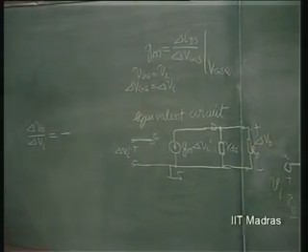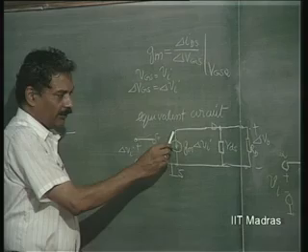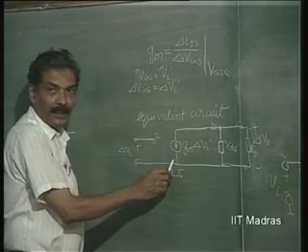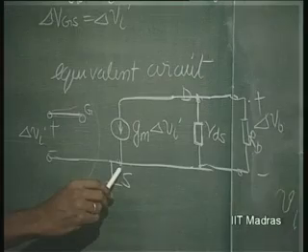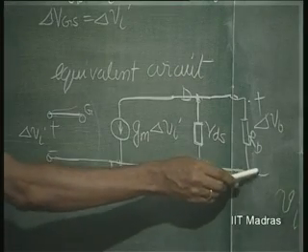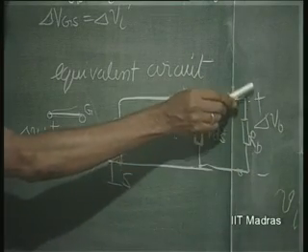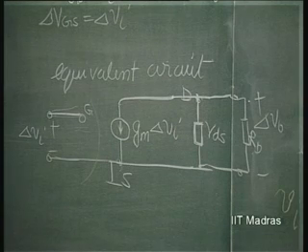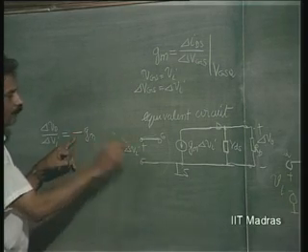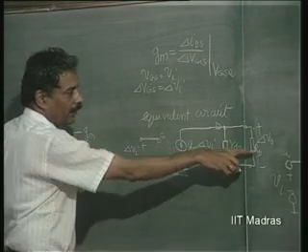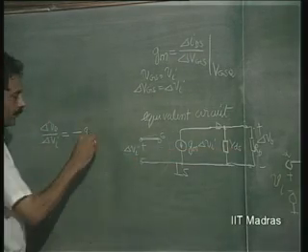Why minus? Because this current is going to increase as Vi increases. Therefore, this potential will be plus and this will be minus. So, delta V naught is going to be really negative times Gm into RDS parallel RD.